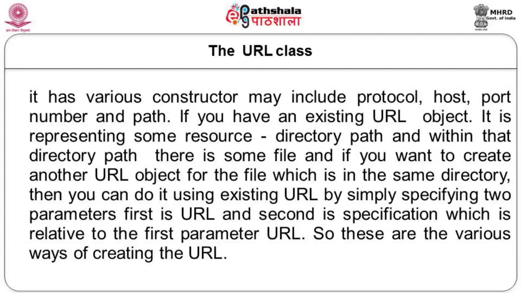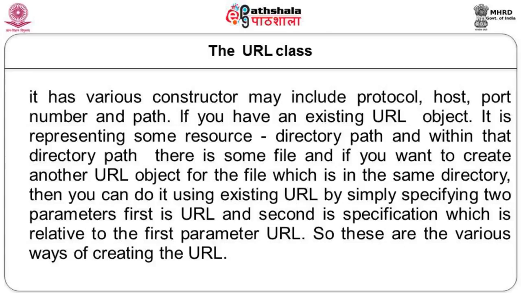Another constructor which can many times be useful is one where you have an existing URL object. What is it? It is representing some resource, up to some directory path, and within the directory path there is some file which it is representing. So if you wanted to create another URL for a file which is in the same directory, you already have one URL representing a path.